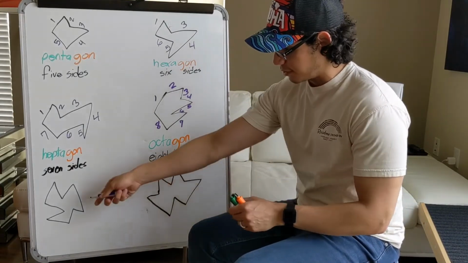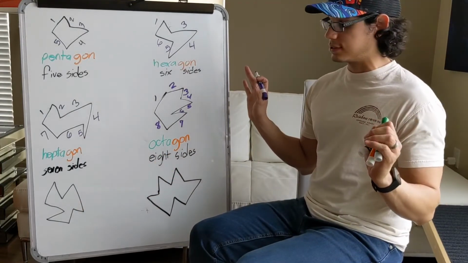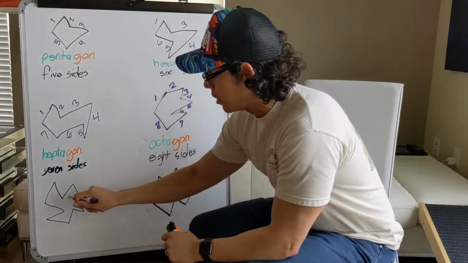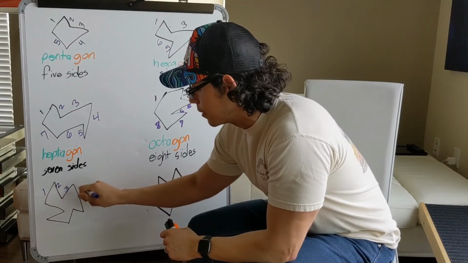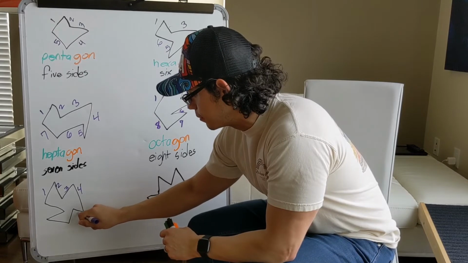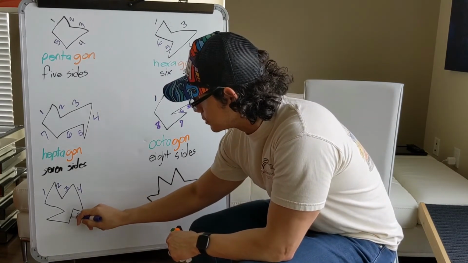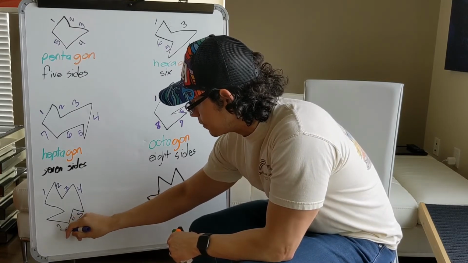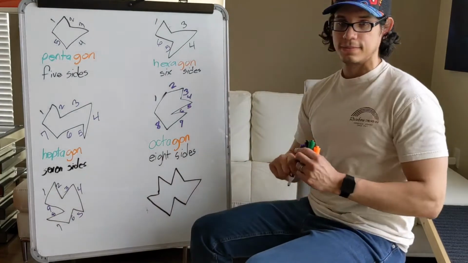For this shape right here, this one looks pretty funky. I have no clue how many sides this is, so I'm going to start counting. 1, 2, 3, 4, 5. Make sure you don't miss any sides. It's very important. 6, 7, 8, 9. 9 sides.